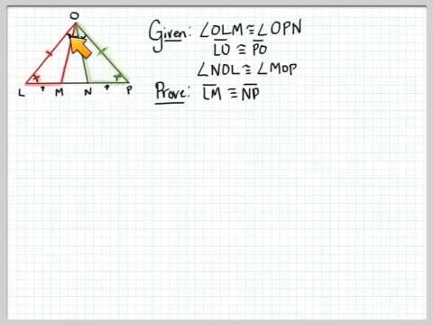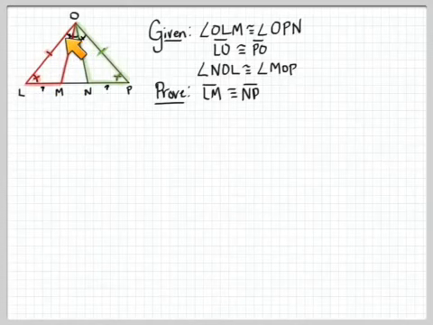But notice the other pair of angles I've given go outside the triangle. That's frustrating. This arc goes from OL over to ON. It goes outside the triangle. So I can't use them directly as given in the ASA. I can see I'm building an ASA argument here.